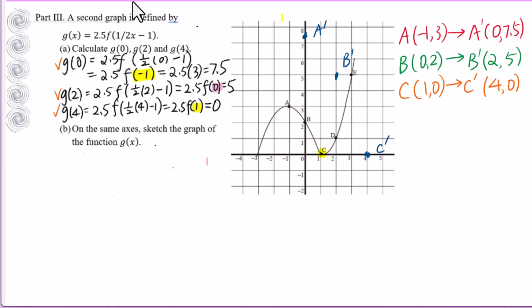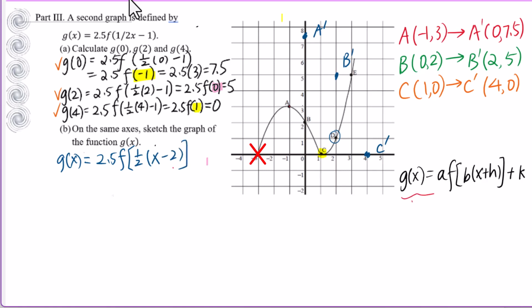We need to figure out this point and this D point. So let's change g of x into transformational form, 2.5 f of 1/2 x minus 2.